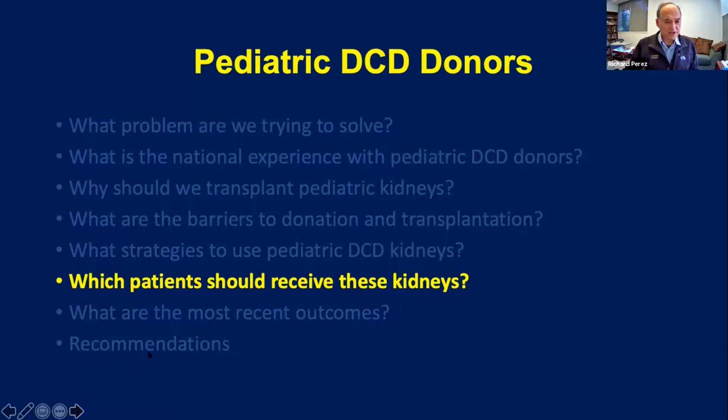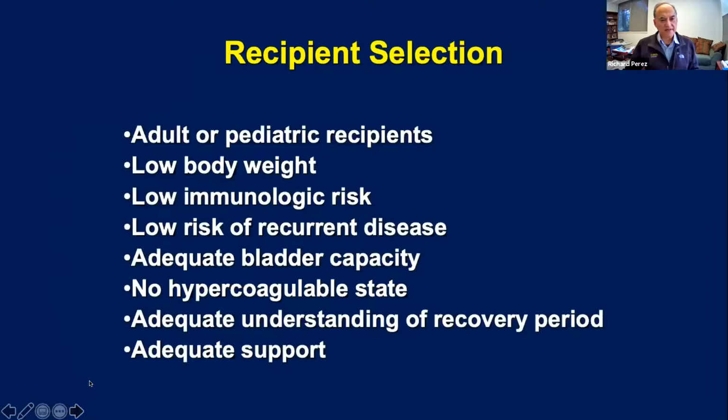So which patients should receive these kidneys? As mentioned before, they can go into either pediatric or adults. So with 90,000 patients on the adult list, there's plenty of opportunities to utilize these kidneys. We usually take small, low weight recipients, low immunologic risk, because we don't want to have them have a rejection episode.